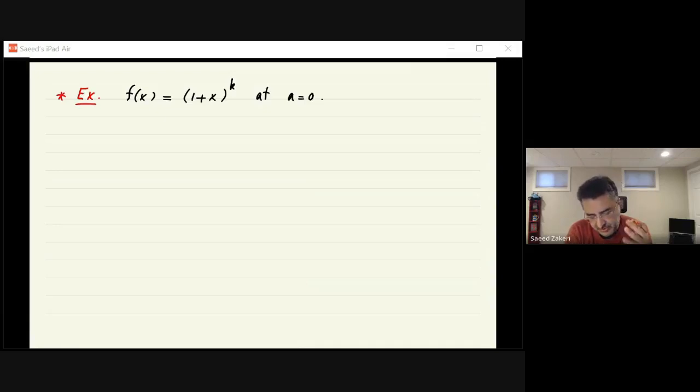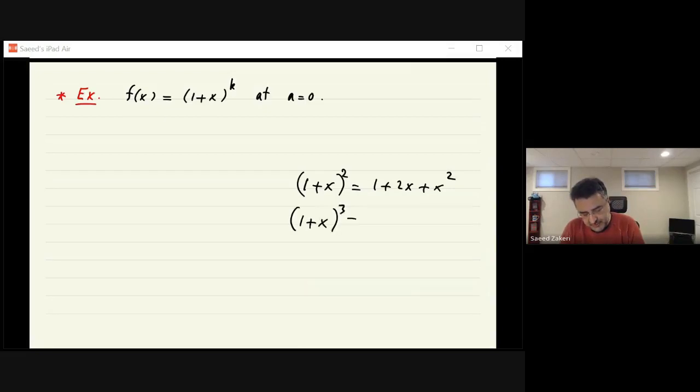So Newton was the first person who actually developed this general version of the binomial formula. So everybody knows that (1 plus x) squared is 1 plus 2x plus x squared, right? And (1 plus x) cubed is 1 plus 3x plus 3x squared plus x cubed.